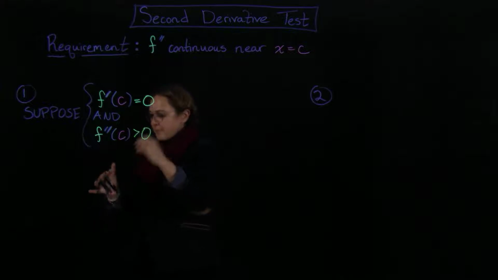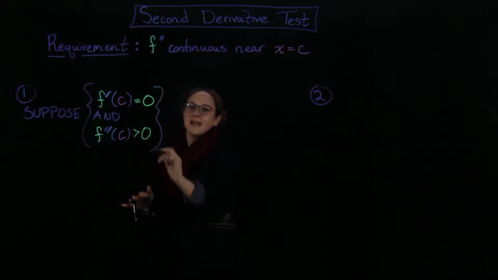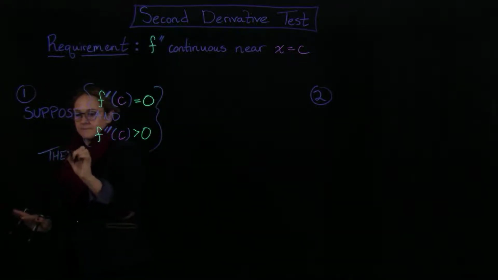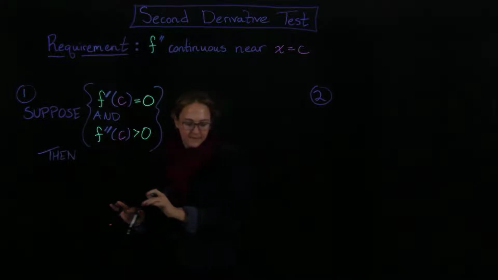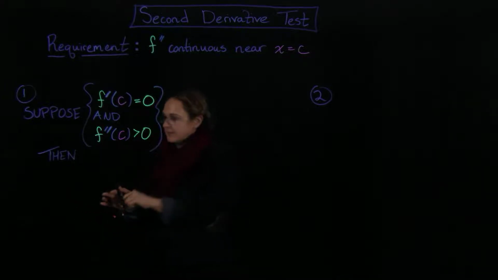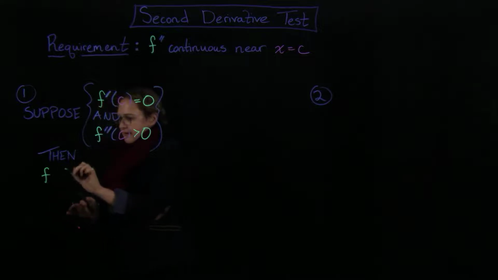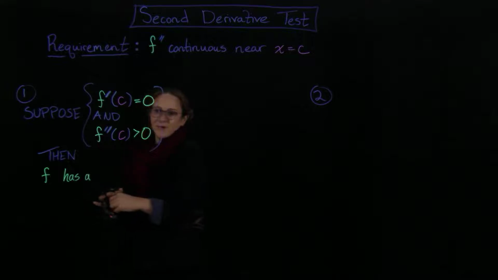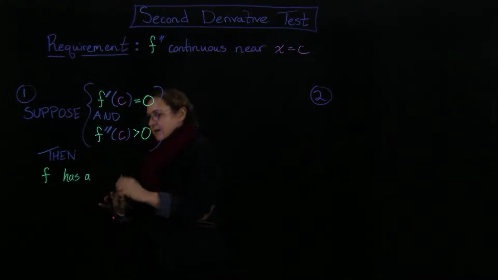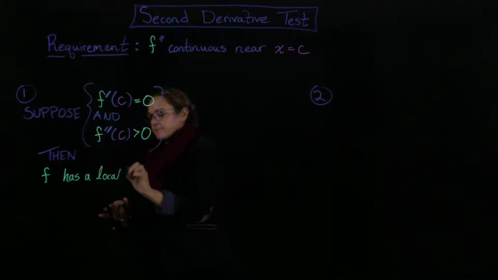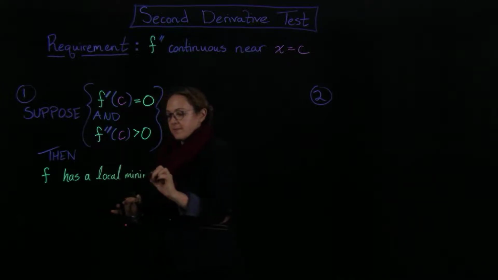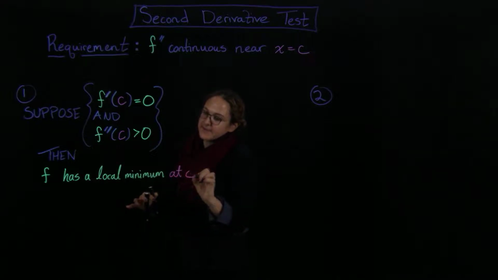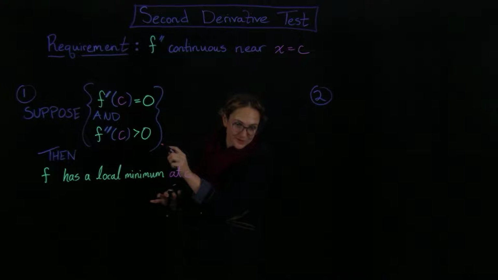So if we're in the circumstance of both of these things being satisfied, then we know that f has a local minimum at C, at that same value C that we plugged in after we took the first and second derivatives.